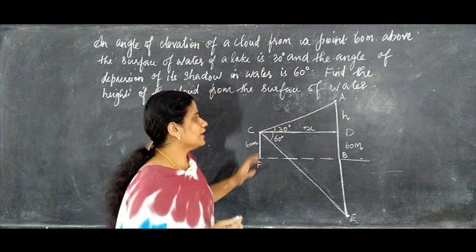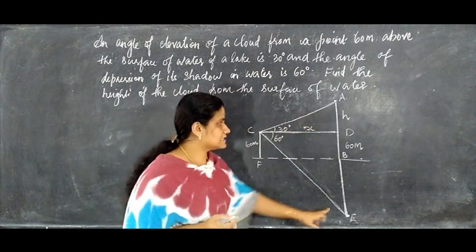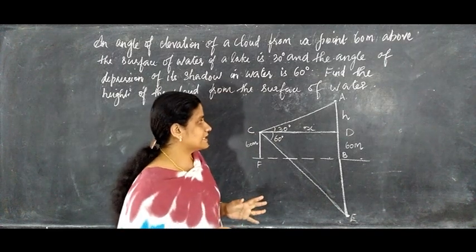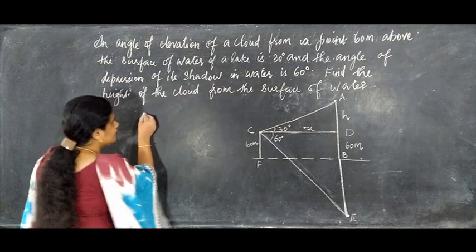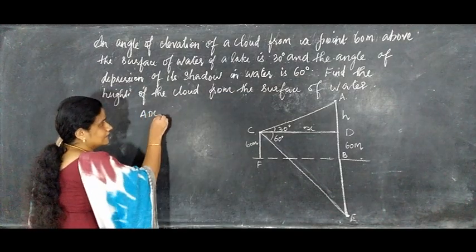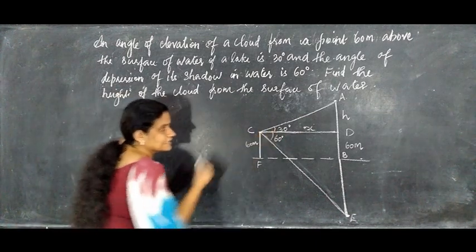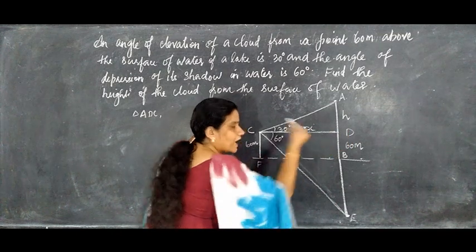Now, here we have two right angle triangles, ADC and EDC. First of all, let us consider the right angle triangle ADC. Here, what is tan 30 degree? Opposite side by adjacent side.